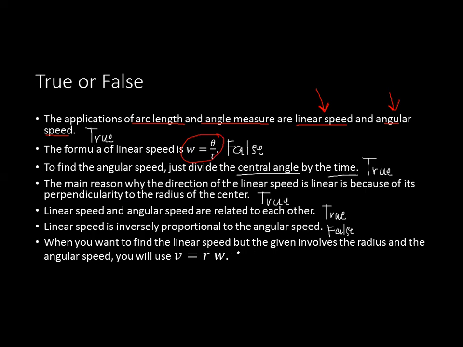The answer for this one is true. I mentioned the clue earlier, that linear speed and angular speed are related to each other and they have their own formula, which is this one, which is correct. All you need is the radius and angular speed to find the linear speed.